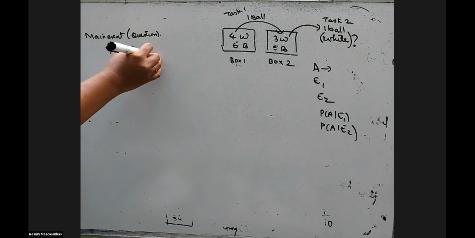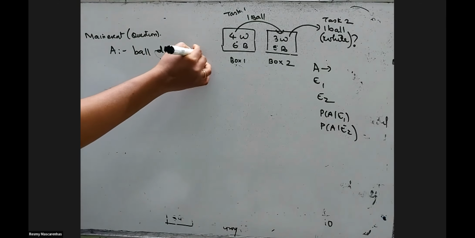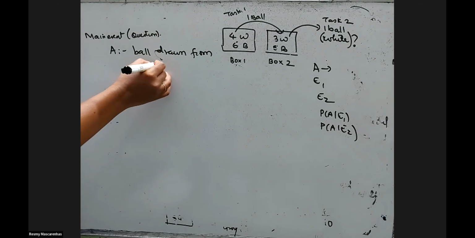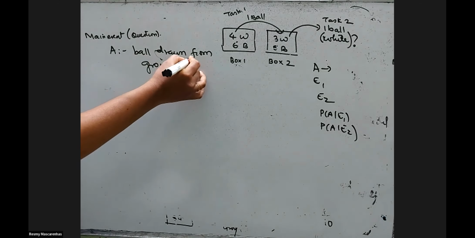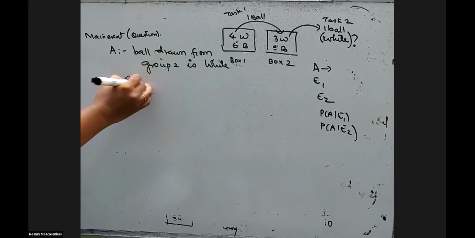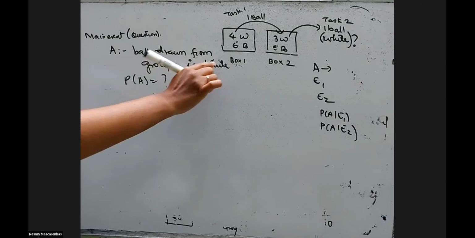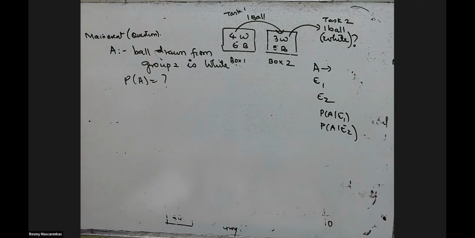The ball drawn from group 2 is white. So what is P of A? What is the probability that the ball drawn from group 2 is white? This is the first part done.